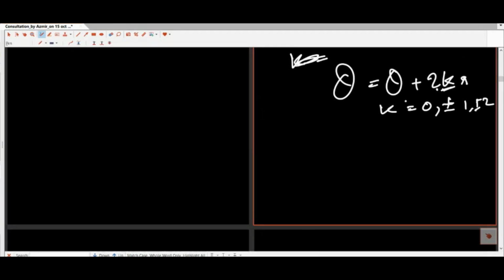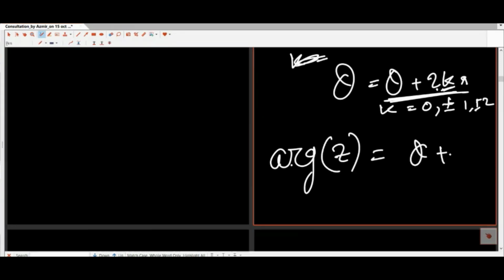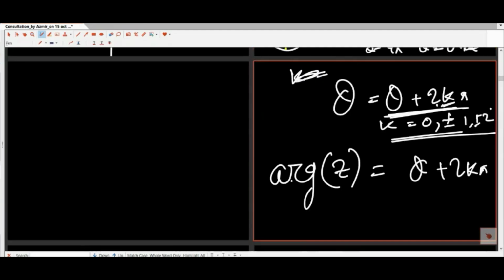So now you can understand that the angle can take multiple values. So the argument of z is theta plus 2k pi, where k is 0, plus minus 1, plus minus 2, up to infinity. This concept is very important for all the upcoming contents.